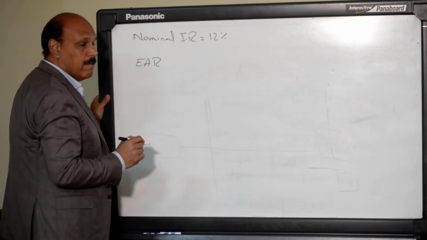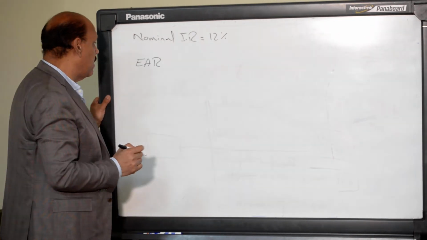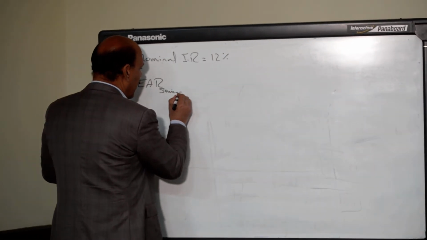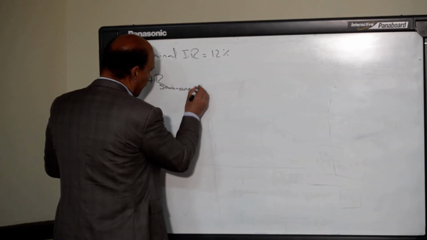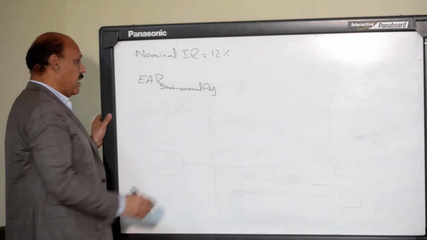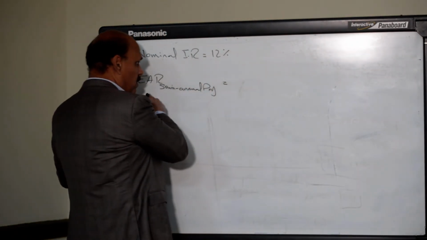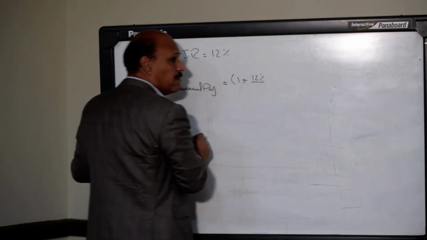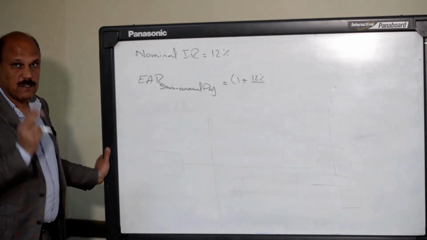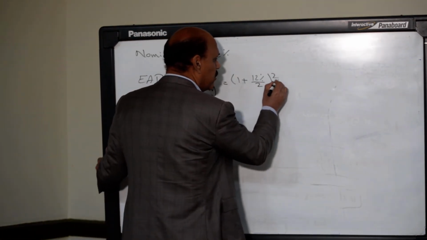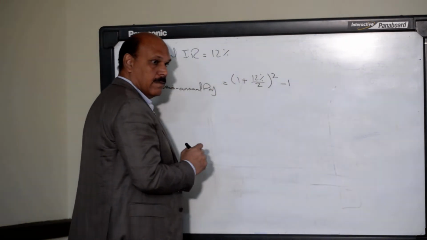We want to calculate the effective annual rate of semi-annual pay. It's paid semi-annually. The effective annual rate of semi-annual pay is going to be 1 plus 12%, it's semi-annual, the year has 2 halves, so divided by 2, to the power 2, minus 1.